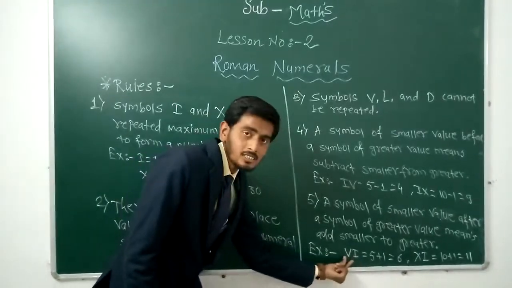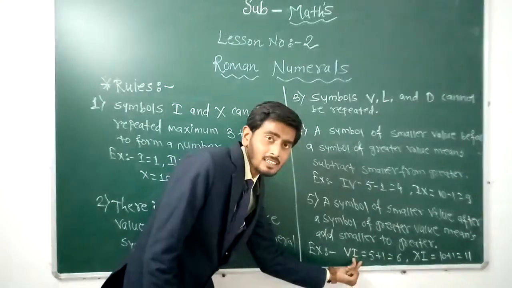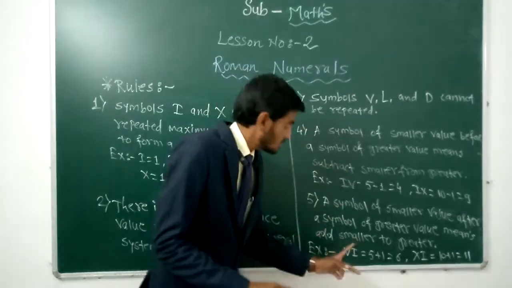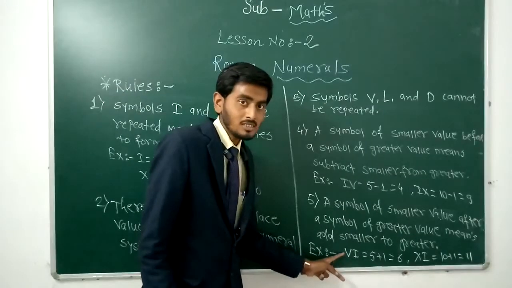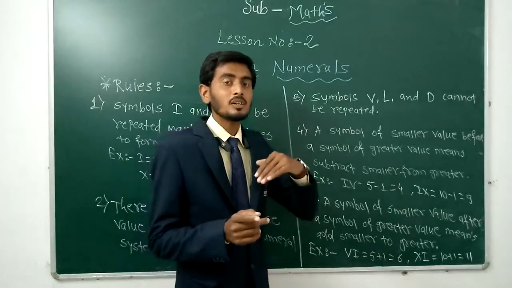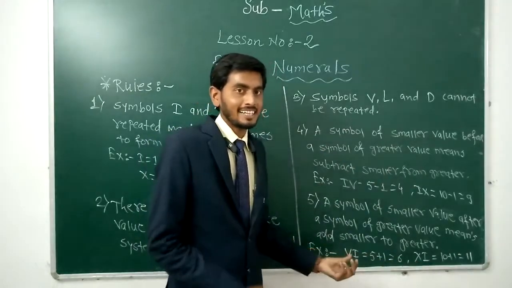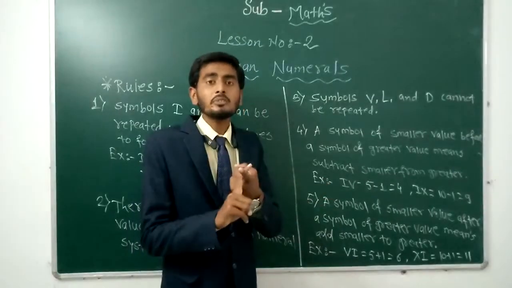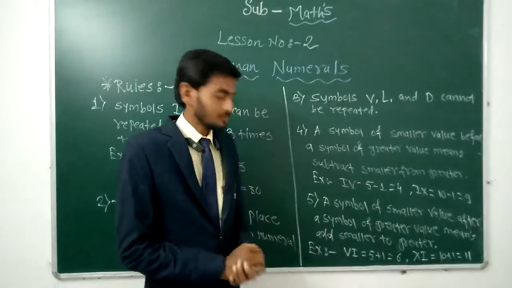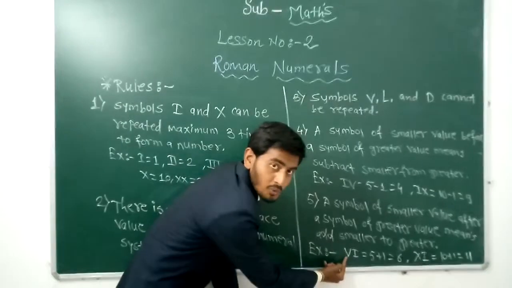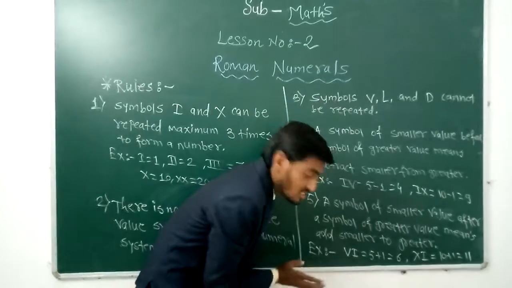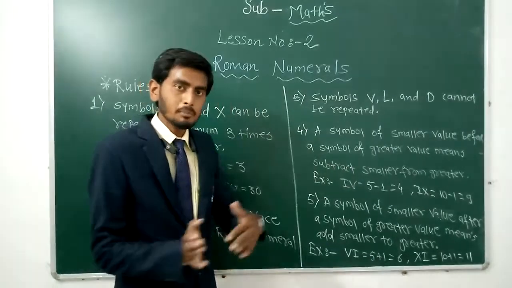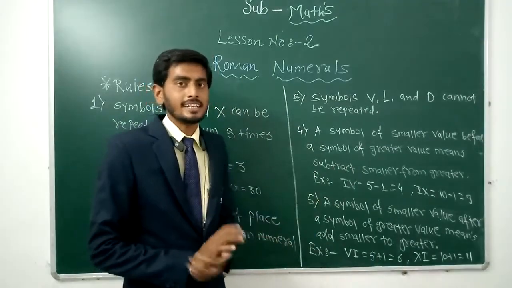V is 5 and I is 1, so the smaller number is after the greater number. For that, we add the smaller value to the greater value: 5 plus 1 is equal to 6.